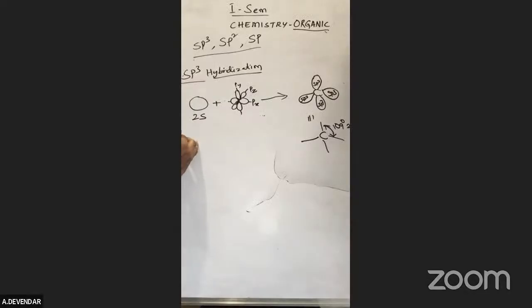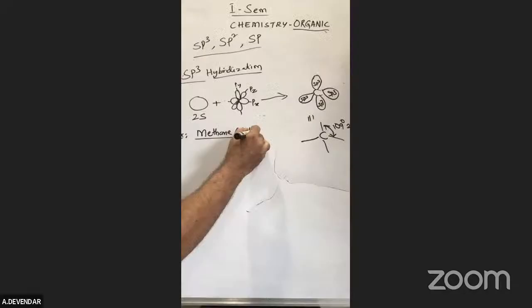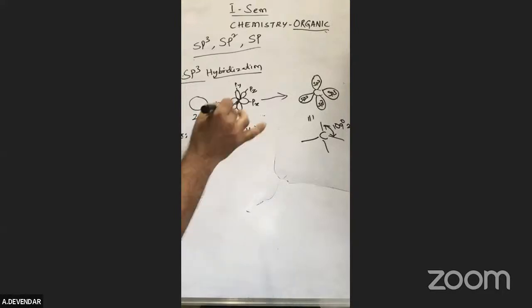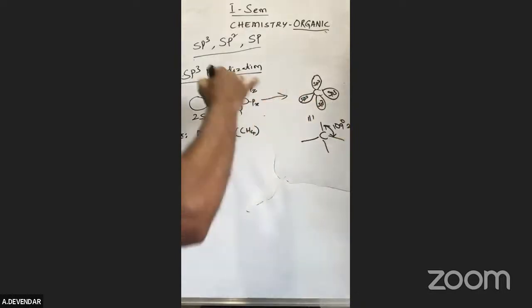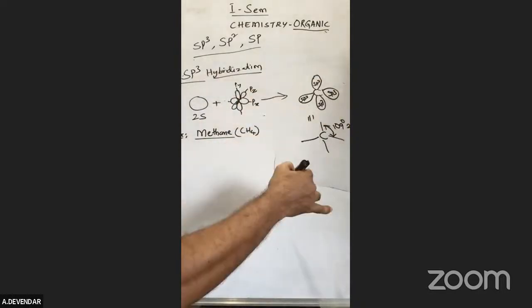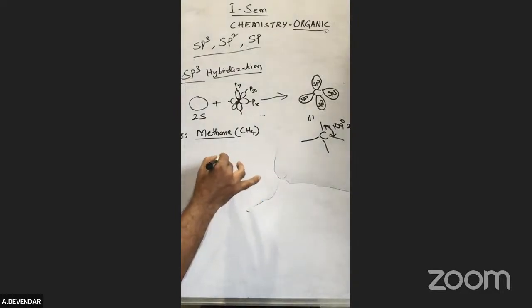In this, we use an example: methane. What is the formula of methane? Methane is CH4. That means on the carbon atom, 4 hydrogens are there. This is a hybrid orbital; I'm taking the same, and I don't want to repeat all these structures. This hybrid orbital is already formed.